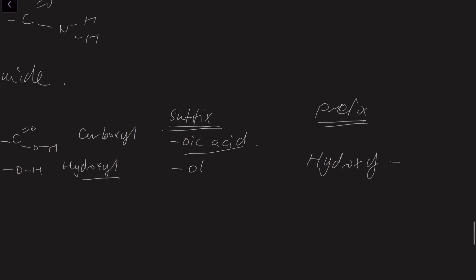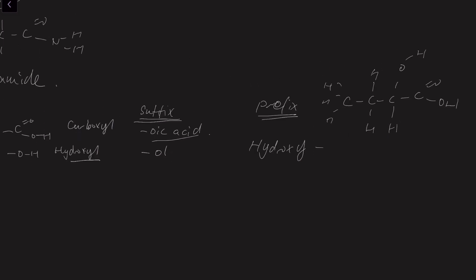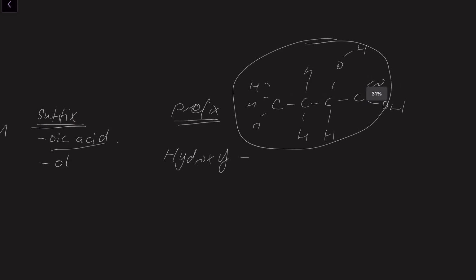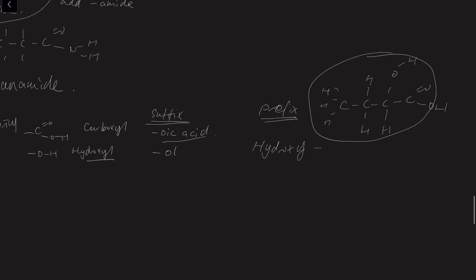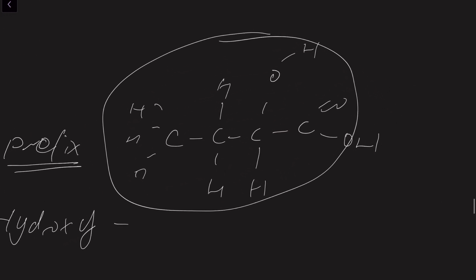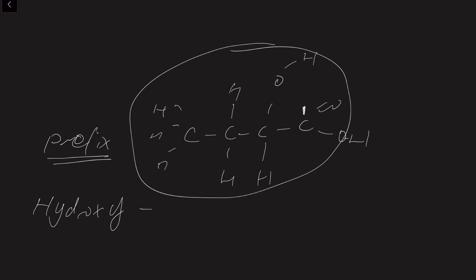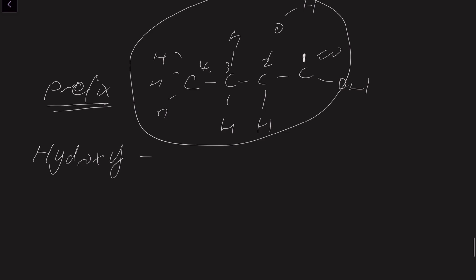For example, when we have this molecule, we always name from the carbon that is connected with something that has high priority. So the carbon connected to the acid functional group, or the carboxyl functional group, takes the number 1. So this is number 2, number 3, number 4. So the alcohol is at number 2.